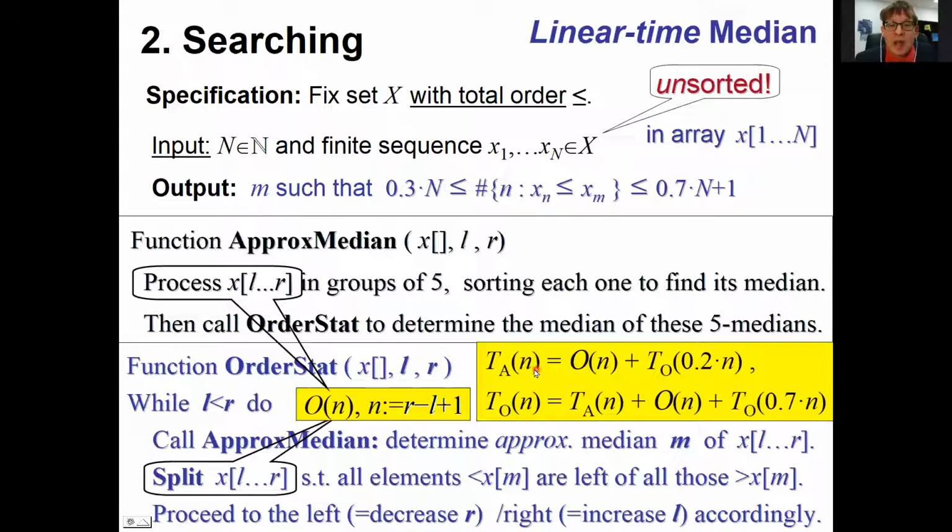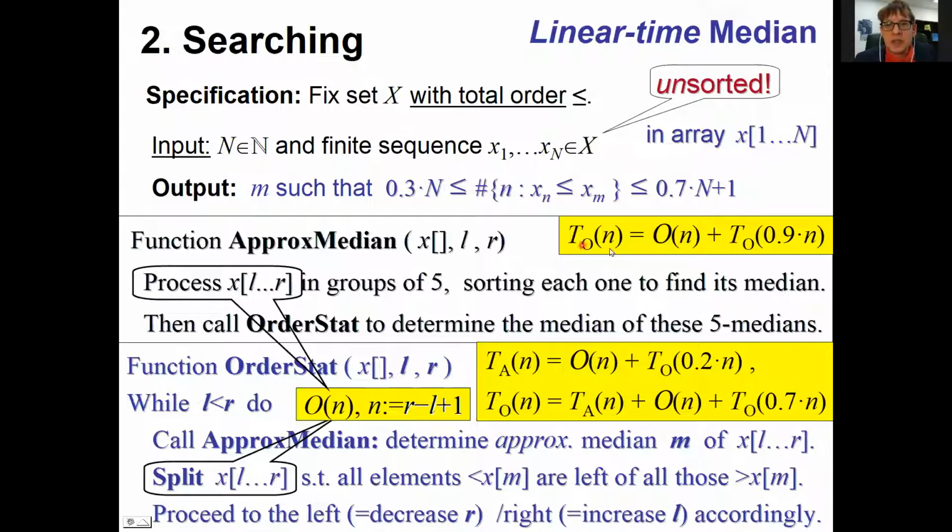Now this is a combined recurrence. Observe that since the two algorithms call each other mutually recursively, you also have a combined recurrence, one algorithm calling the other, incurring this cost, and the other calling the first one, incurring this cost. By combining these two recurrences, plugging in T of A, we arrive at this recurrence: T_O of n is linear plus T_O of 70% plus T_O of 20%, that's T_O of 90%.